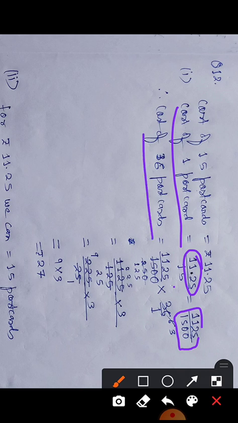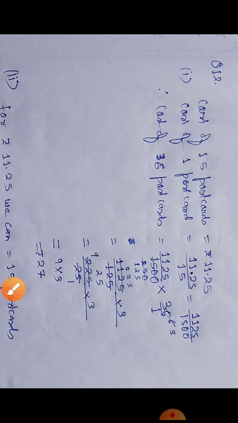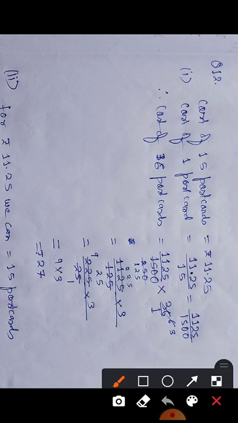So you multiply 1125 divided by 1500 into 36. Start reducing. So what you will do, try to reduce 1500 and 36. So by 6 table, 6 6s are 36.